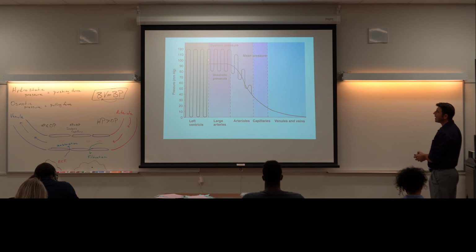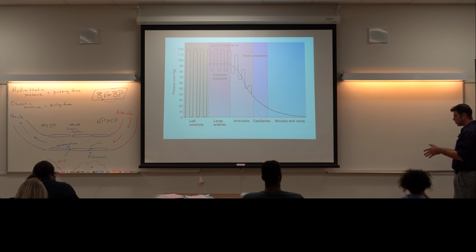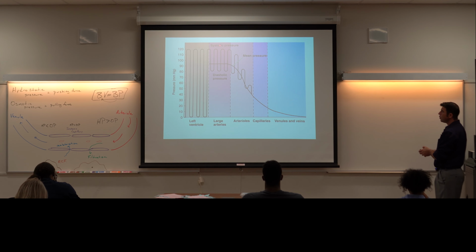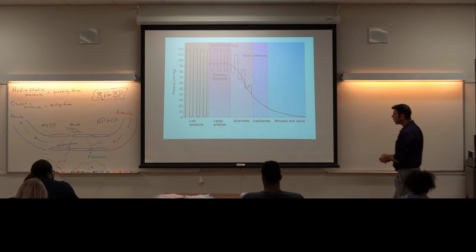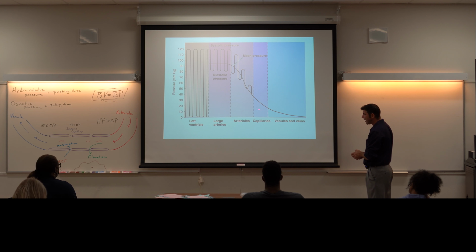And if we look at those elastic arteries, they too have this rebounding pressure. After ventricular systole, they stretch and expand out to accommodate that extra volume of blood, and then they recoil, and that helps push blood through these vessels. Where we're going in our lecture today is right here in the capillaries.